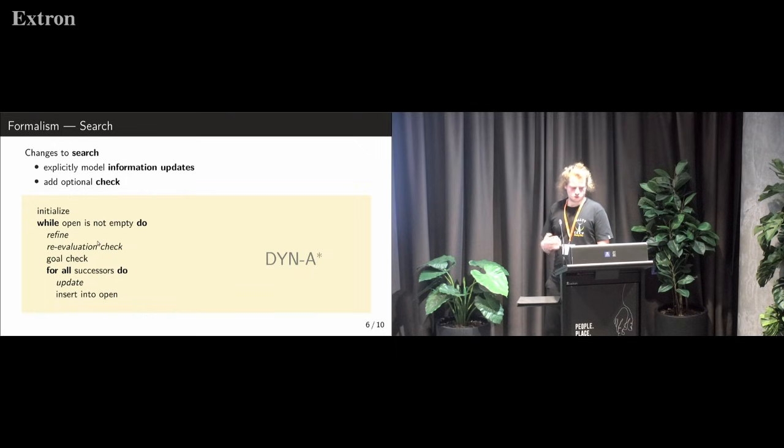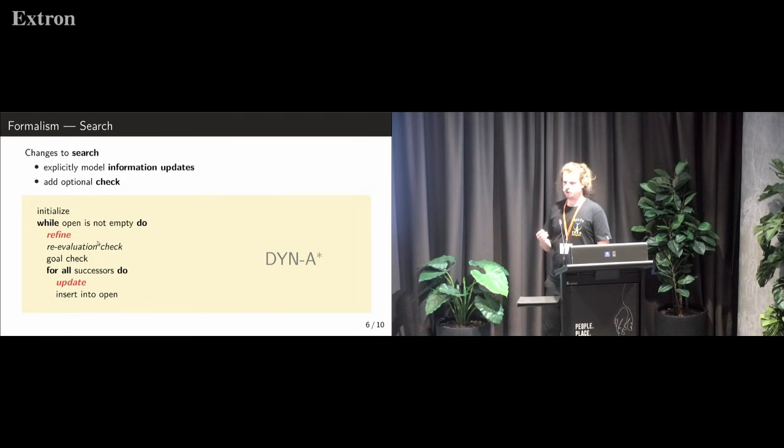The first thing we're trying to do is to model explicitly where in the algorithm and how information can be updated. We saw before that the heuristic depends on this information. Now in the algorithm, we say at what points and in what way information can be updated, which is in this refine and in this update step.